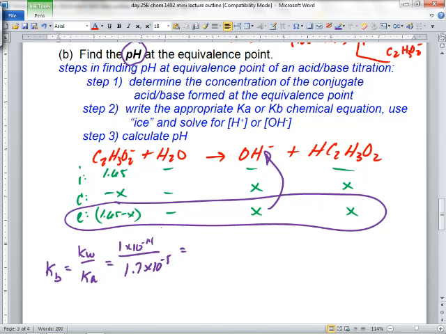Okay, so what did you come up with, Adrian? 5.88 times 10 to the negative. Okay, is that a number that you like to see? Most definitely. Because that's going to equal what over what? Yeah. Well, technically 1.65 minus x, but then we can drop the x.